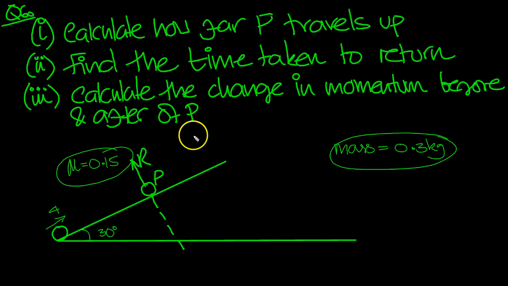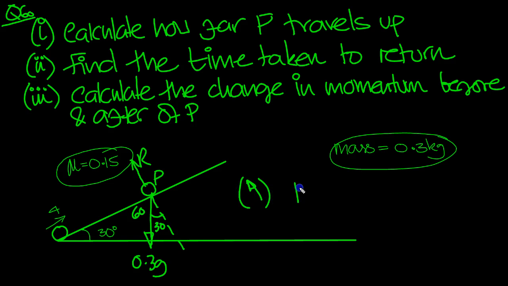So, here's the question, and I've summarized it here. I've drawn a normal in and a reaction. The weight of P is mg, which is 0.3 g. So this is 30, this is 60, this will be 30, won't it? So if we resolve forces that way, then we'll get the reaction. R is equal to 0.3 g times cos 30, which is root 3 over 2.